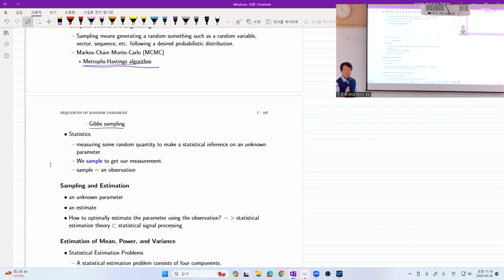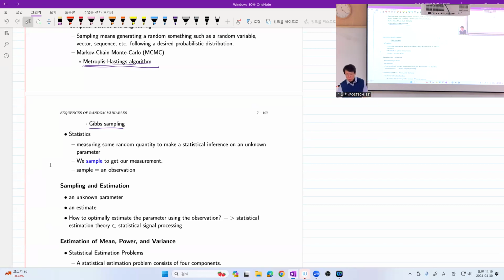probabilists. Okay? So in Korean, it's 통계학자 or 확률론을 전공하는 수학자. Got it? So in that case, sampling means what? Sampling means you take measurement. You take measurement to make a statistical inference.